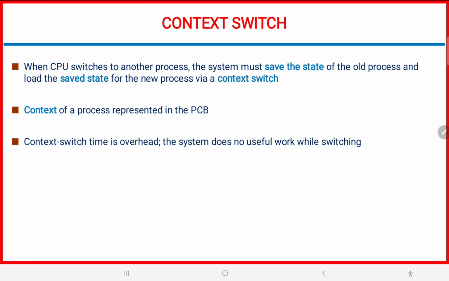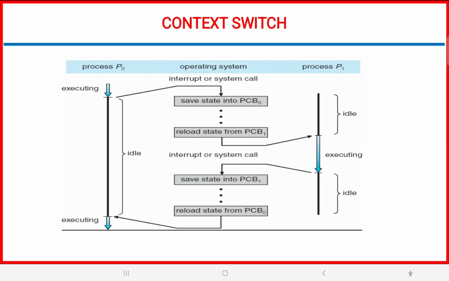So if you observe, we have covered this in one of the figures. I'm going to show that figure again over here. If you remember, the productive work was only done when the processes were executing. The process P0 was executing for this much amount of time, then process P1 was executing for this much amount of time, and then again P0 was executing for this much amount of time.